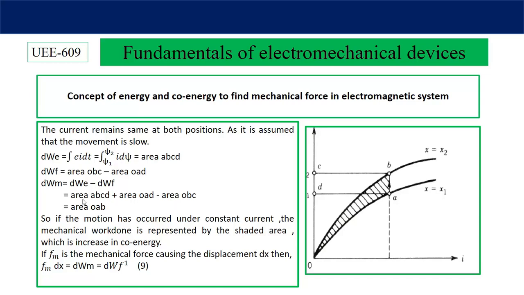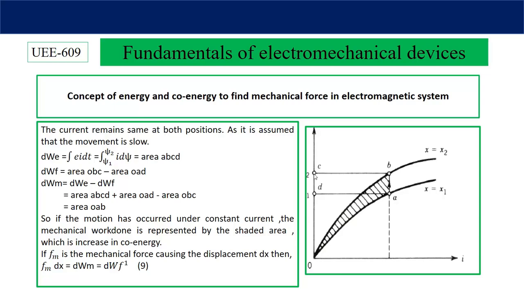Just substitute here. So area ABCD plus area OAD minus area OBC. You see this area is your dWe. Now plus area OAD.